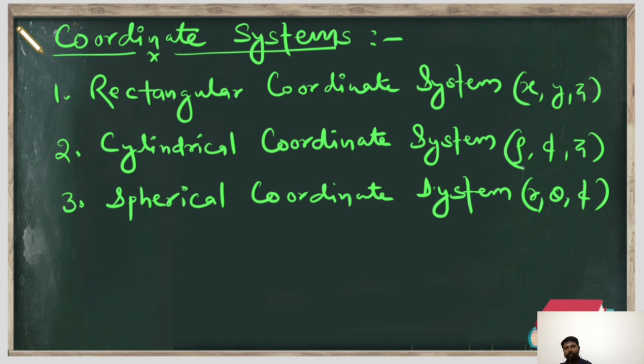Rho is the radius of the cylinder, phi is the azimuthal angle measured from the positive x-axis in the anti-clockwise direction, and z is the z-axis. In the spherical coordinate system, the variables are r, theta, and phi, where r is the radius of the sphere, theta is the angle measured from the positive z-axis, and phi is the azimuthal angle.